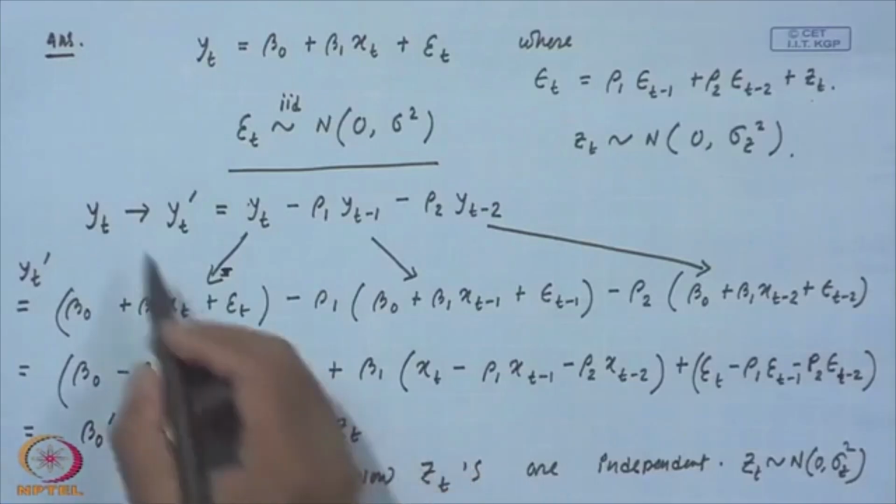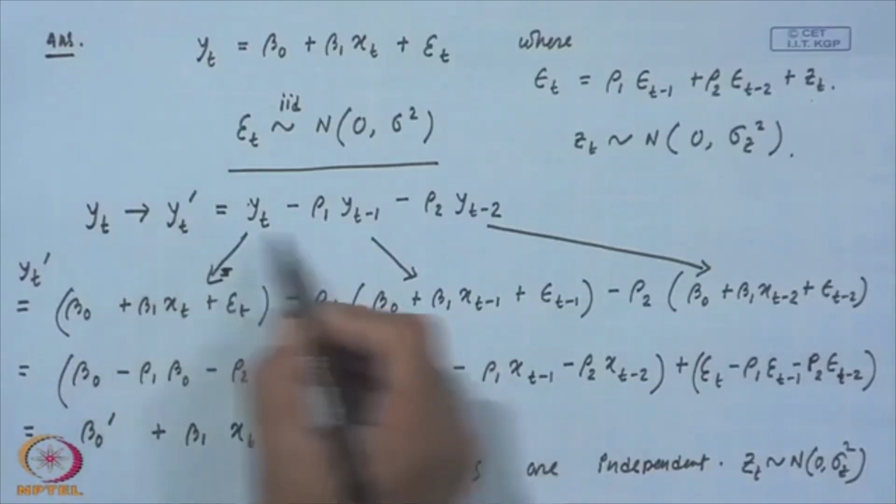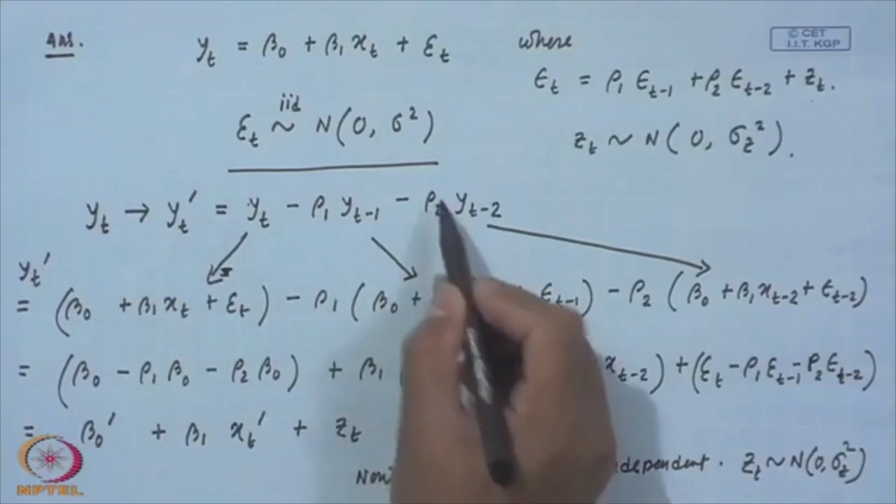So, now you are in a position to apply your ordinary least square technique to estimate the regression coefficients beta naught prime and beta 1. But the problem is that this y t prime, you see here, involves rho 1 and rho 2.